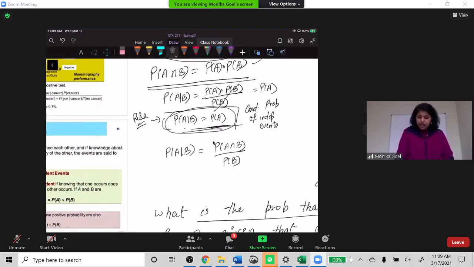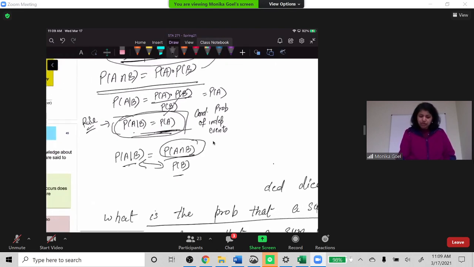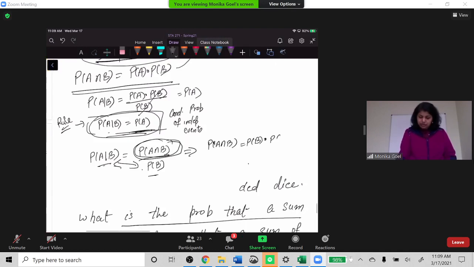So in case I know this and I know this, but I don't know the intersection, then how do I solve? Then I just multiply these two. And this will give me the multiplication rule. Probability of A intersection B, this part, is the product of these two: probability of B times A given B.